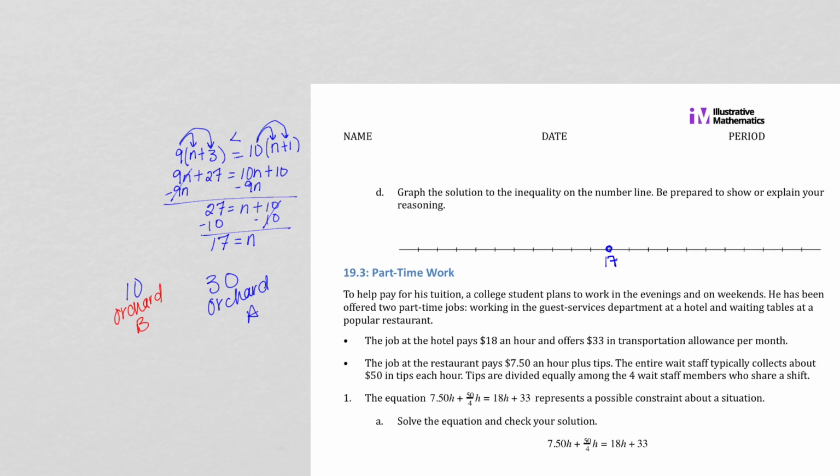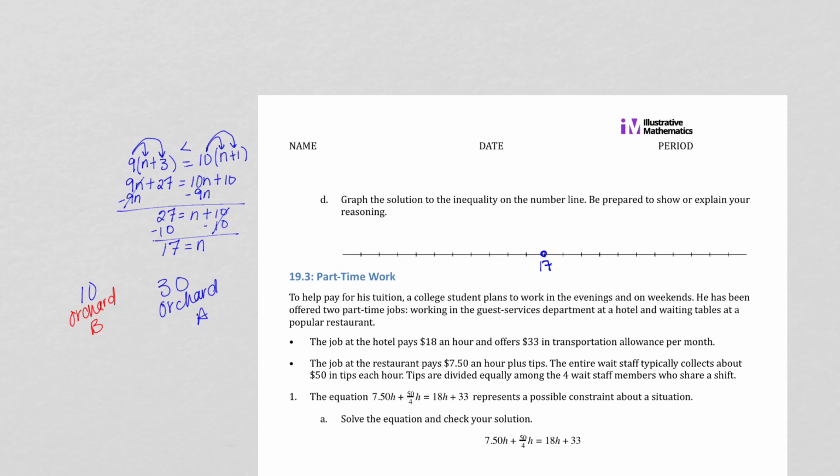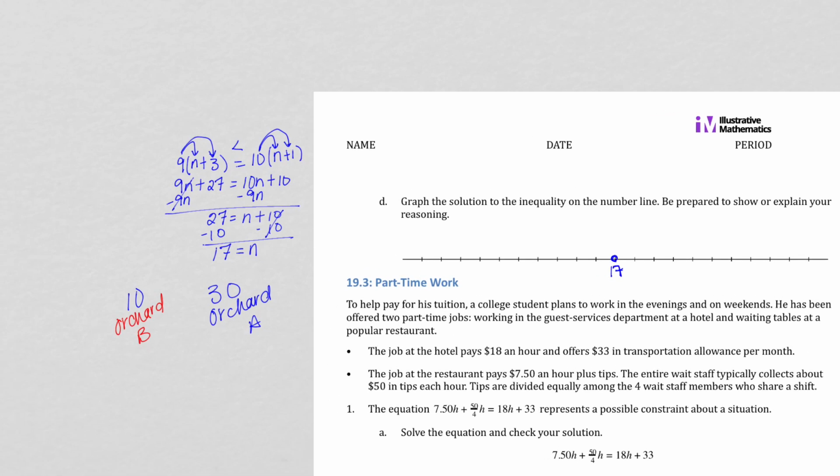So we want orchard A to cost more, right? Let's see here, because our inequality says orchard A is less than orchard B. That's what our inequality says.